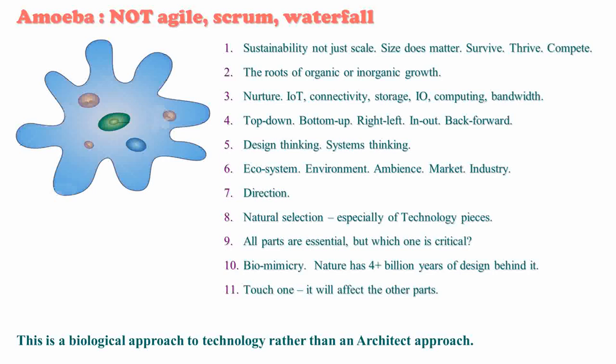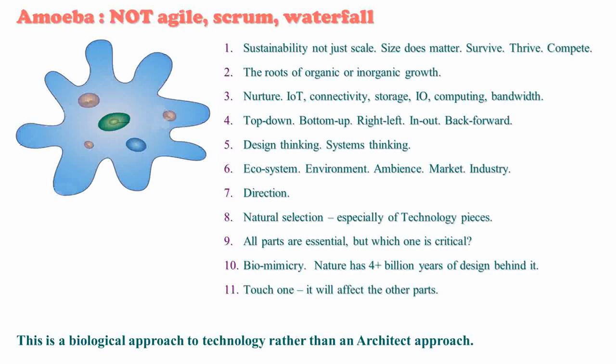So we're able to expand in different directions. It quickly allows us to think design thinking, systems thinking in terms of how we evolve this going forward. Again, answers about ecosystems, environment, the market, the industry, the direction we take, all that is built into the core design and architecture of how we're approaching this.